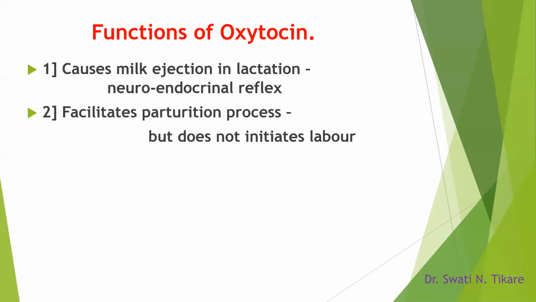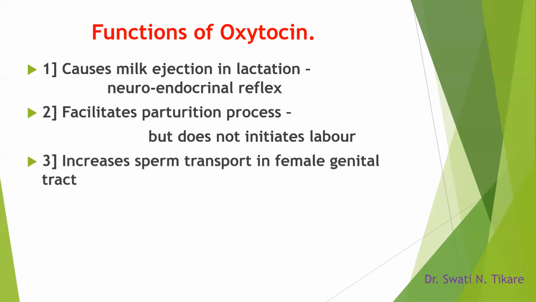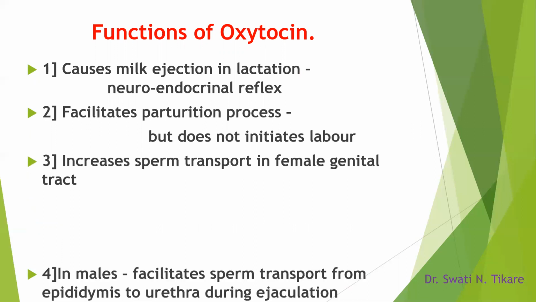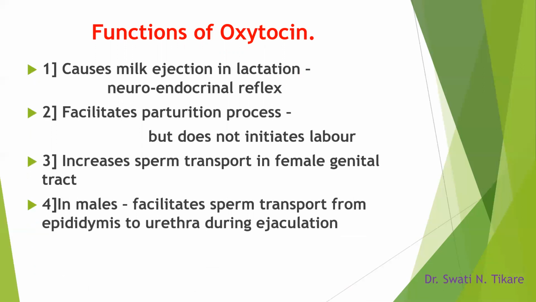Parturition is the process of birth of the baby, but oxytocin does not initiate labor; it only facilitates parturition. Third, it increases sperm transport in the female genital tract. Fourth, in males, it facilitates sperm transport from the epididymis to the urethra during ejaculation. So these are the functions of oxytocin.